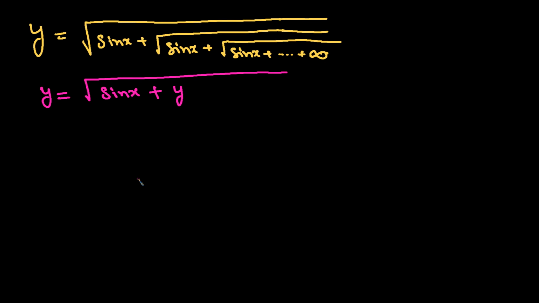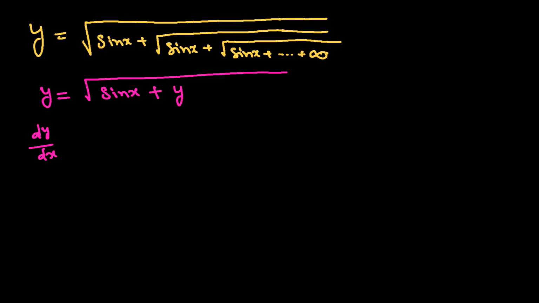Okay, now it's done. Now find the derivative of this function. That's the trick: each term under the square root is basically the function itself, right? So we got y equals square root of sine x plus, and this is again the function itself, which is y. So I replaced everything with y, and I'm going to find the derivative, dy over dx.